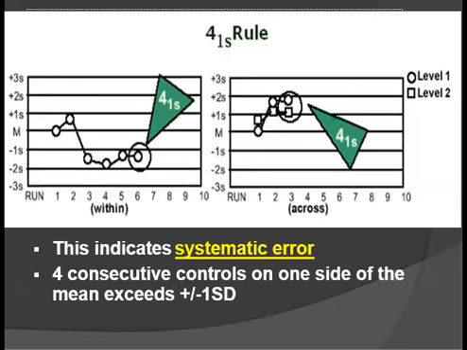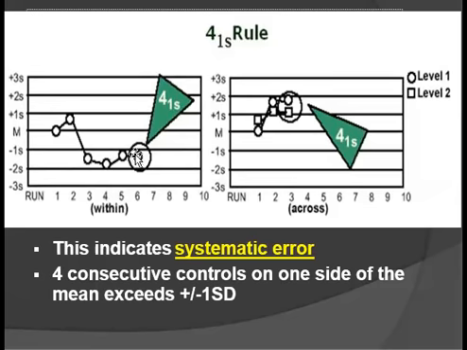Another one, 4-1S rule. So 4-1S meaning there are 4 consecutive, take note, consecutive dapat ha, 4 consecutive controls on one side of the mean that exceeds your plus minus 1 SD. Like in this case, ito. So, 4 occurring outside the minus 1 SD, nasa baba man ang mean.